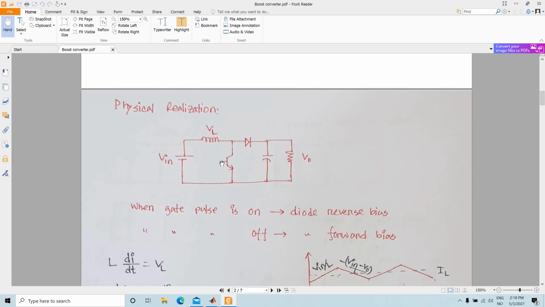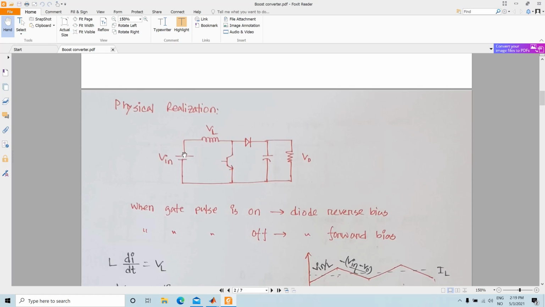So we will give the gate pulse here at the gate of the MOSFET, or at the base of the transistor. So depending on this on and off cycle of this switch, we will see how it operates.